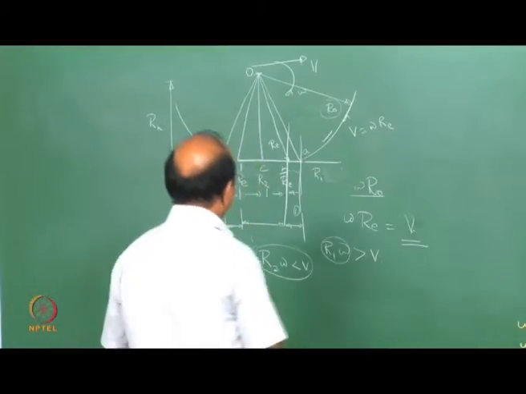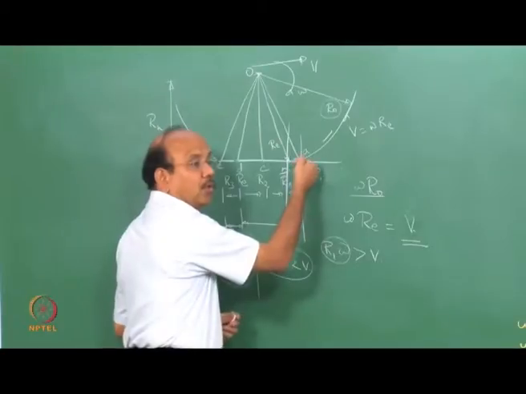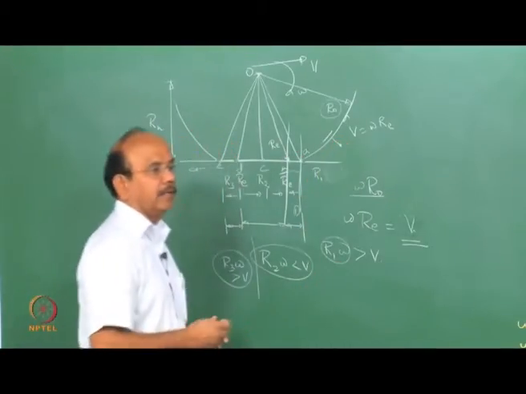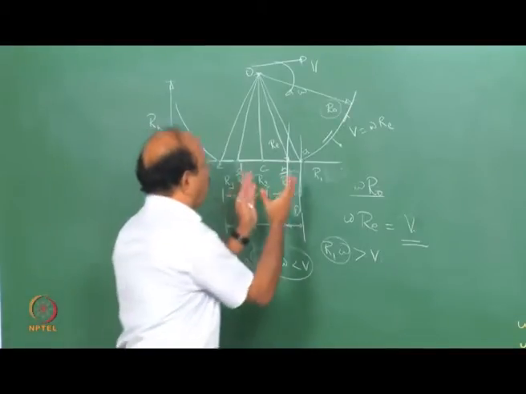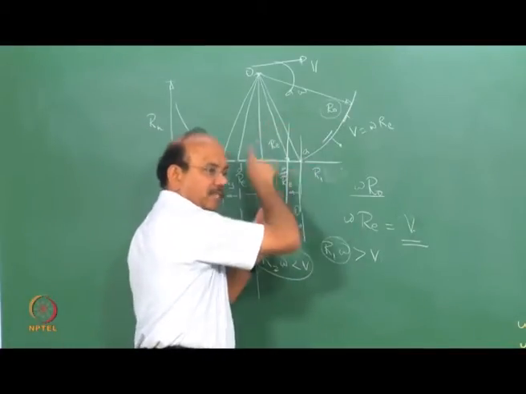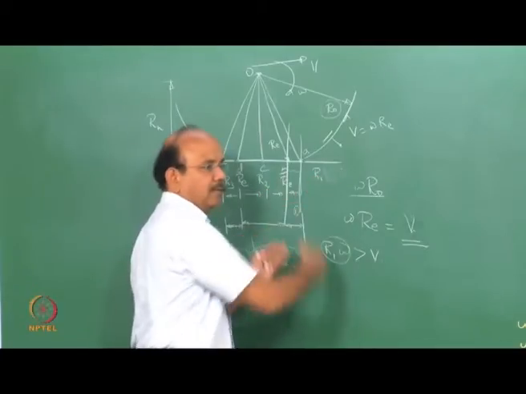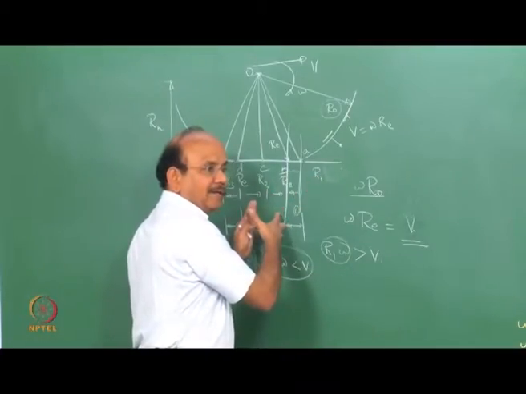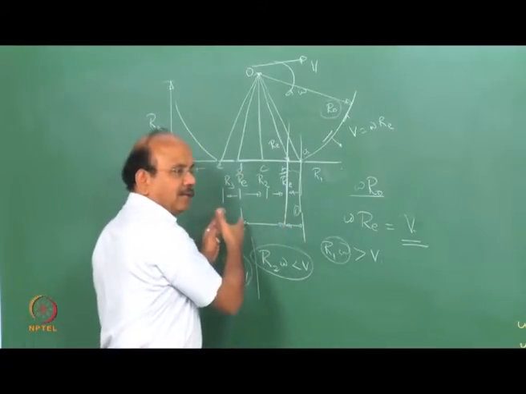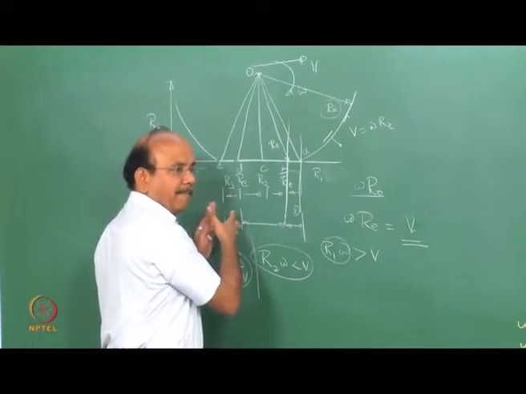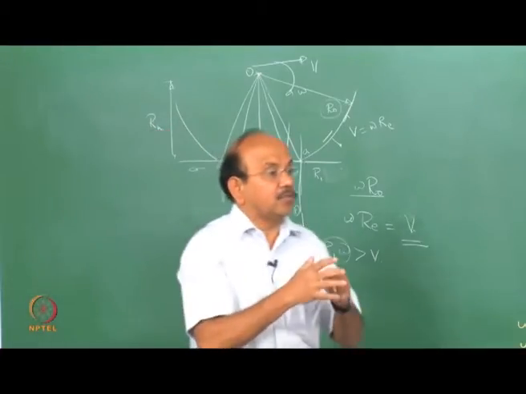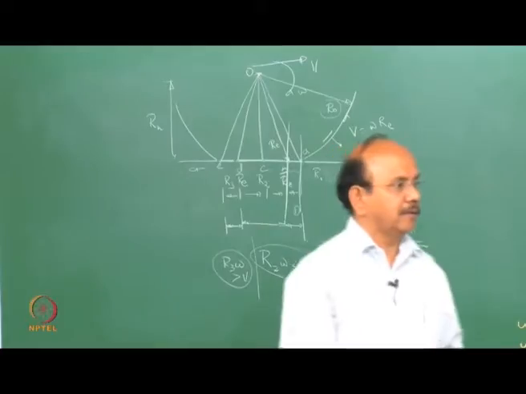As I told you last class, the thread wants to go faster in one region, which means it has a tendency to slip. In another region, the thread goes slower, and in another region, the thread goes faster. So there are three regions in which the thread wants to go faster or slower.